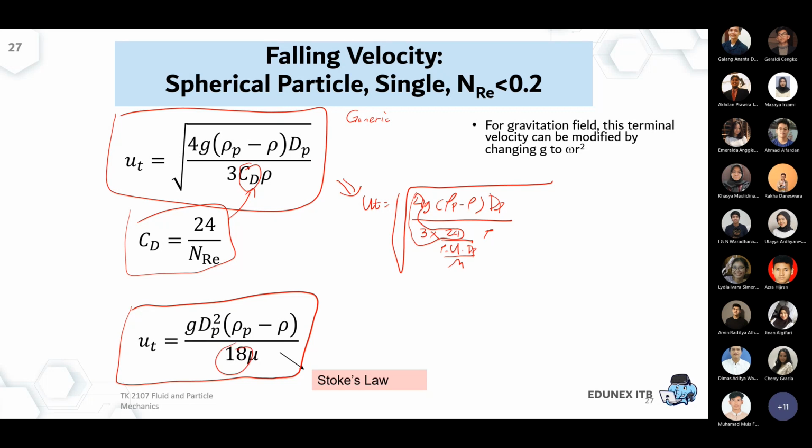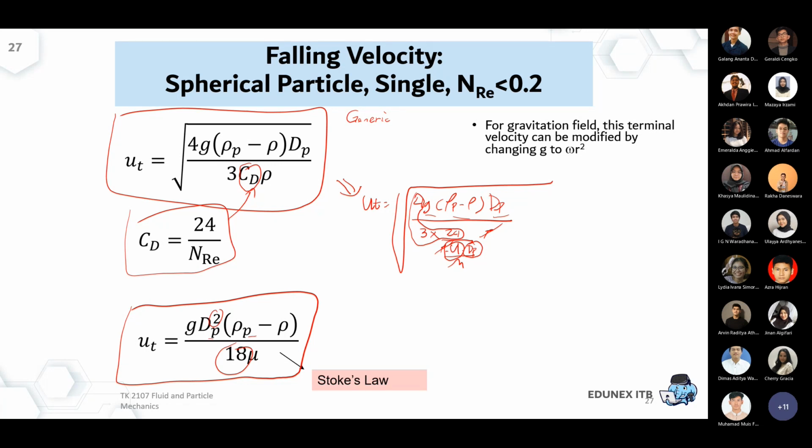At the top we have g rho dP, but then you have an extra dP from the bottom that becomes square. Rho here can be eliminated, and that U is the one we're calculating, the terminal velocity.